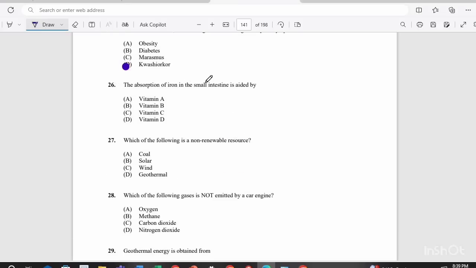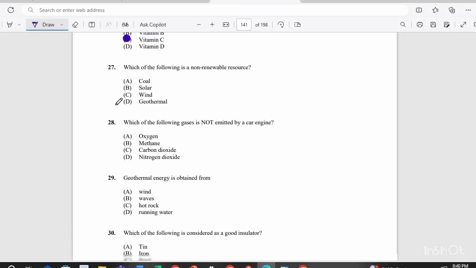The absorption of iron in the small intestine is aided by A, vitamin A, B, vitamin B, C, vitamin C, or D, vitamin D. The answer there is C, vitamin C. Question 27. Which of the following is a non-renewable resource? Is it A, coal, B, solar, C, wind, or D, geothermal? The answer there is A, coal.